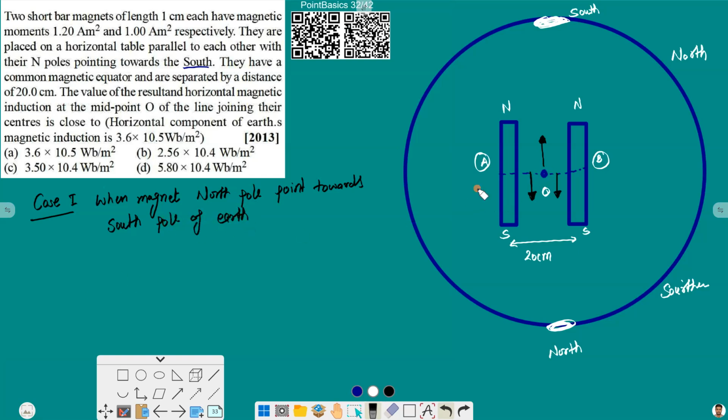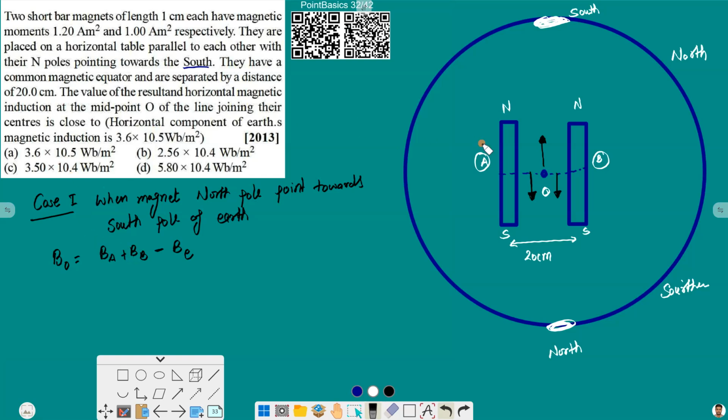The total field at point O, B_O, will be northwards, and it will be the magnetic field due to A plus the magnetic field due to B minus the magnetic field due to Earth. Now Earth's magnetic field is already given to us.